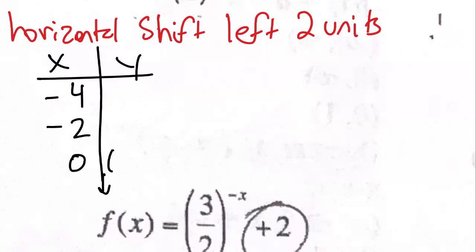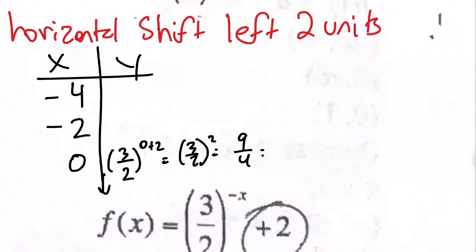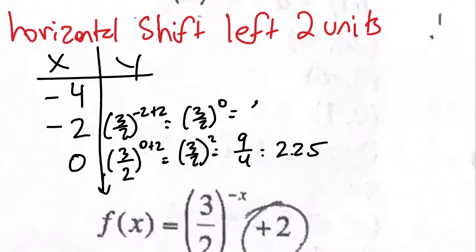At -2 we have 3/2 to the power of 0, which is 1. So -2 at 1, and then for -4.